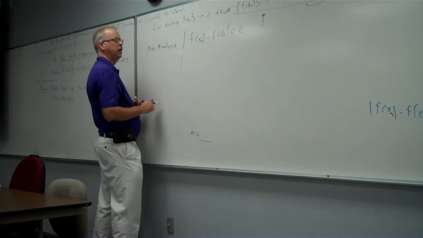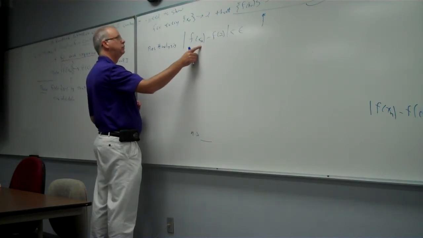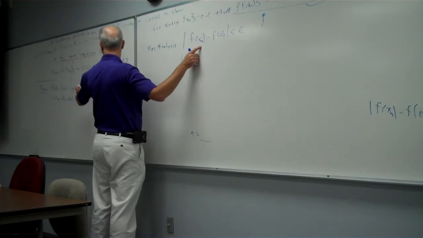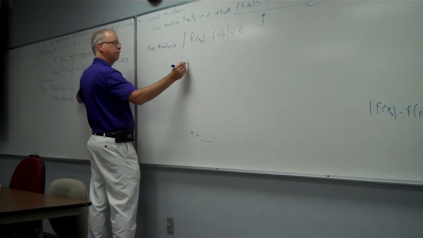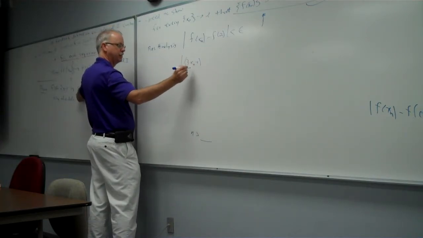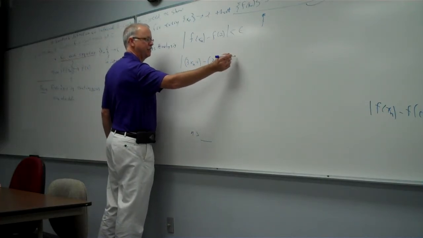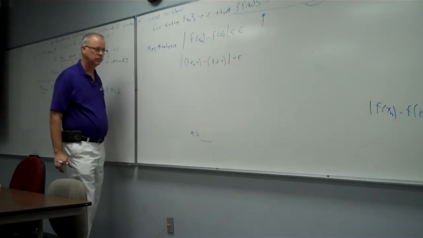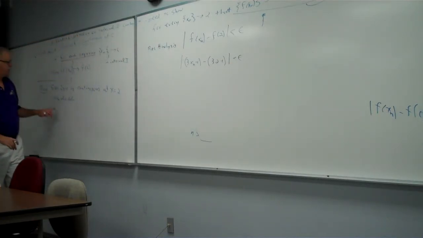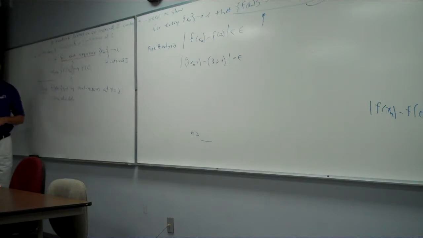So here, what's f of x sub n? We have the function f, 3 times the input minus 1.